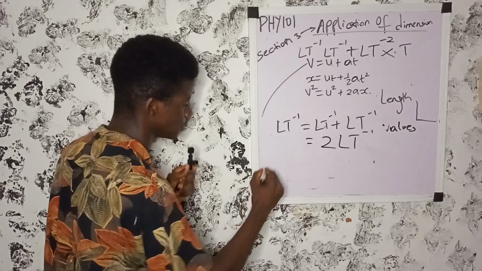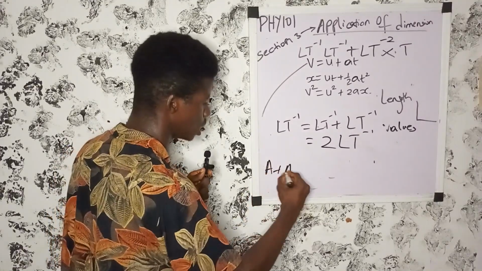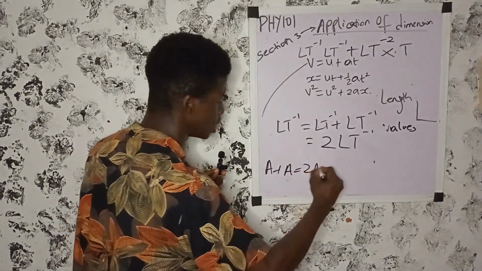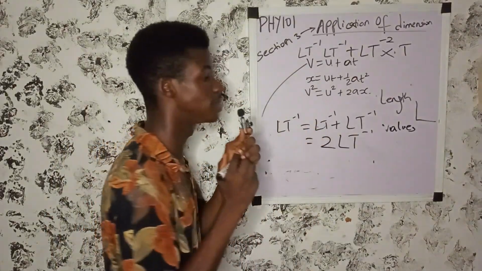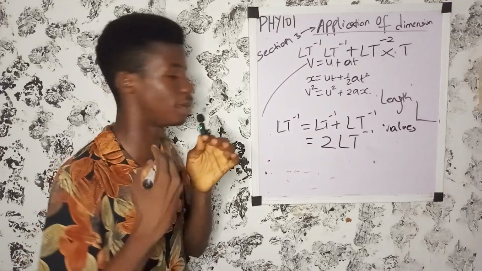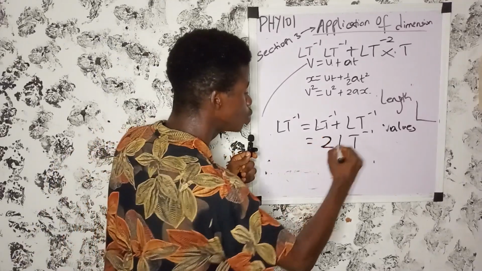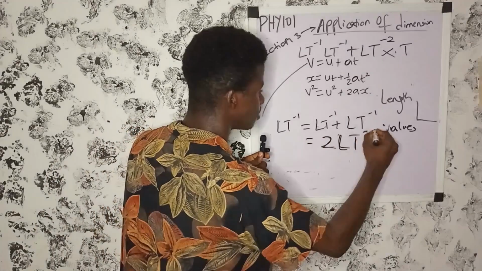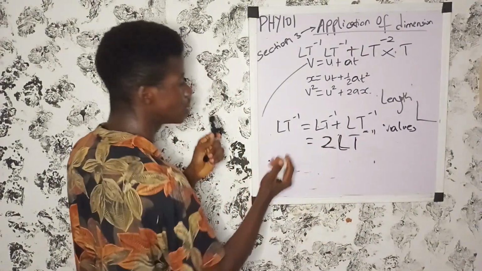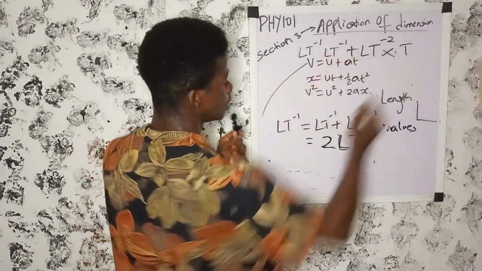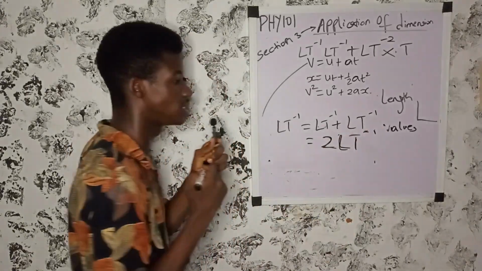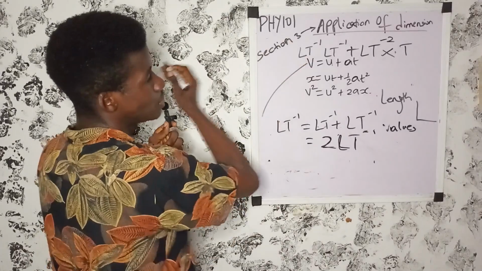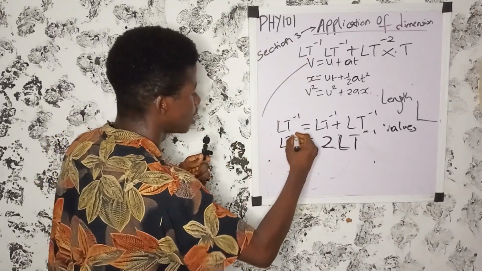Remember, I told you that A plus A is equal to 2A. So LT raised to power minus 1 plus LT raised to power minus 1 will give us 2LT raised to power minus 1. So the total dimension in this place is 2LT raised to power minus 1, while the total dimension in this place is T raised to power minus 1.